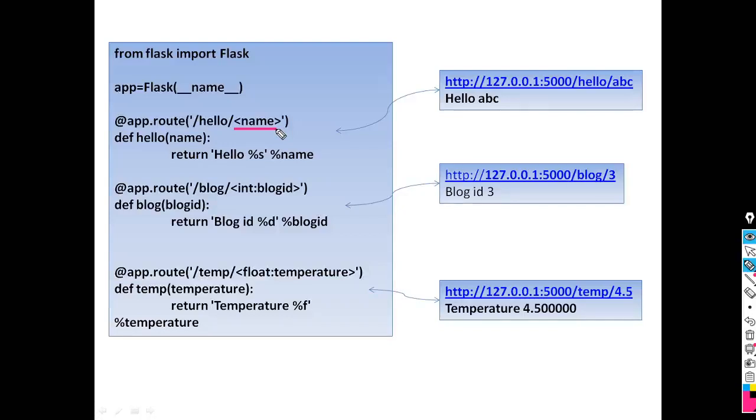Name is the string data type, and this name is passed as an argument to the function hello. This hello function is associated with the URL /hello, and how can we retrieve that name in our output? By using %s, because this is a string data type, and we invoke the content with %name, because this is the variable name.